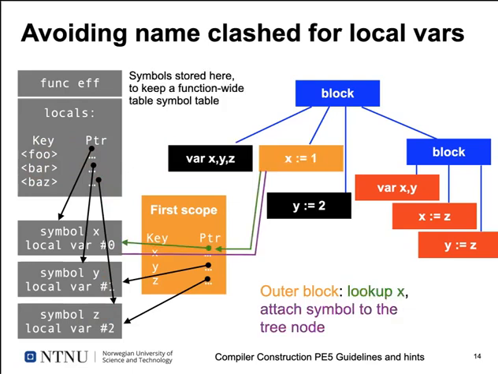So let's first look what happens when we find the first assignment for x equals 1 in the outer block. So what we have to do here is we need to check which x is actually the one we're assigning to. So we check in our first scope, is there an entry for a variable x? Yes, there is one, and this is linked to our symbol x in our local variable table, and it tells us it's local variable number 0.